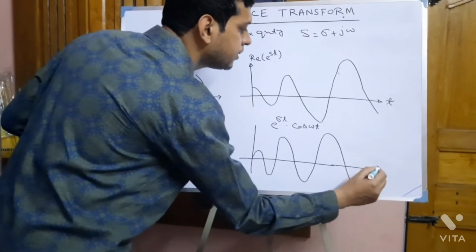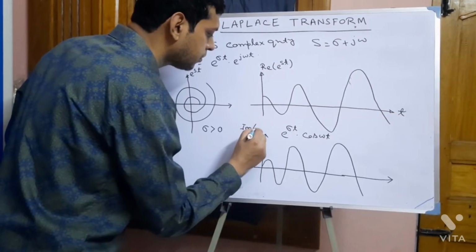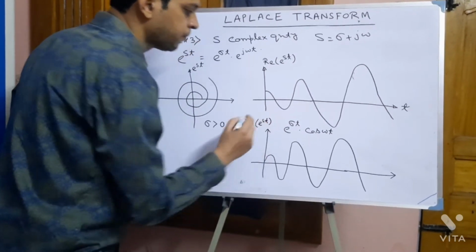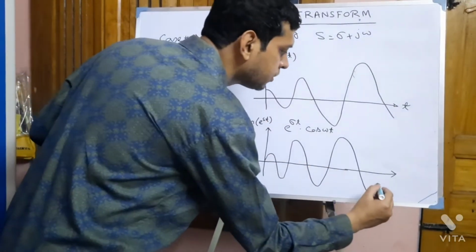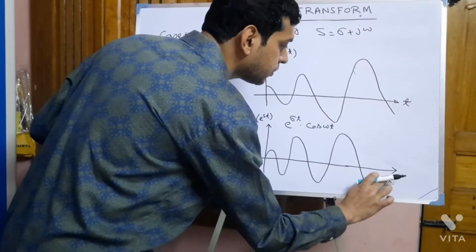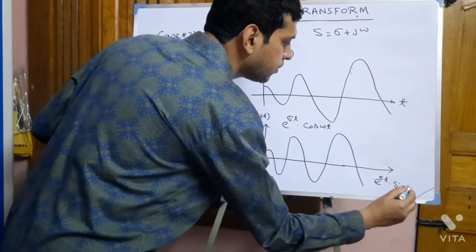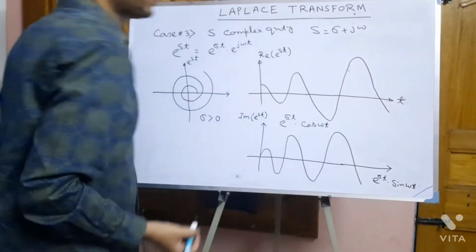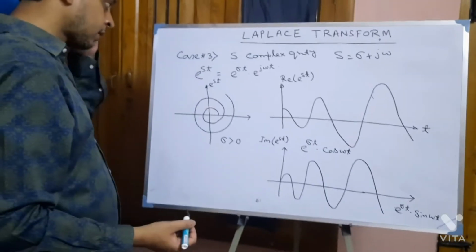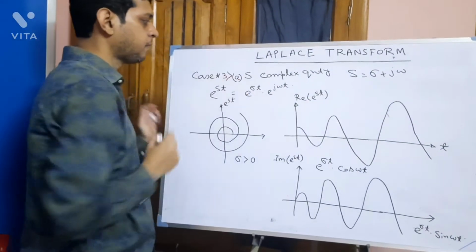Okay, and this is the equation of the imaginary part of e to the power st, e to the power sigma t into sin omega t. Okay, now this is, say, case 3a.